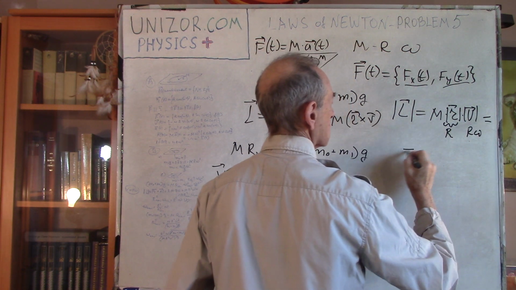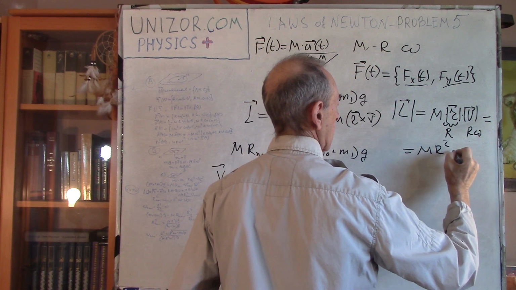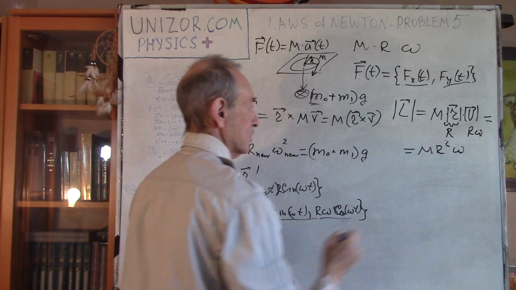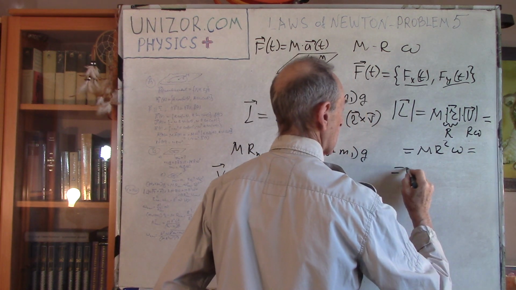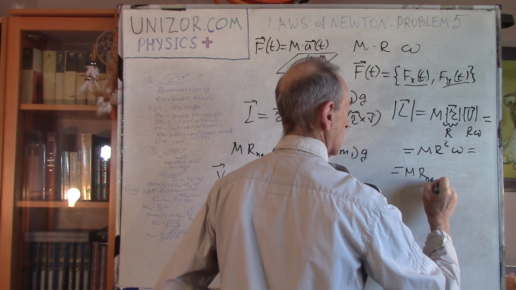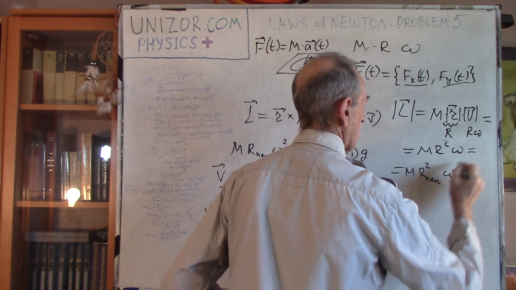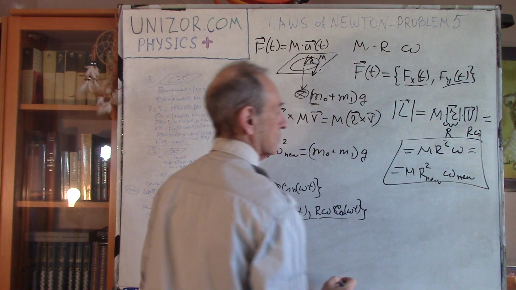So the whole thing is equal to m r squared omega. And that is supposed to be retained, which means it's supposed to be equal to m r nu squared omega nu. This is my second equation.